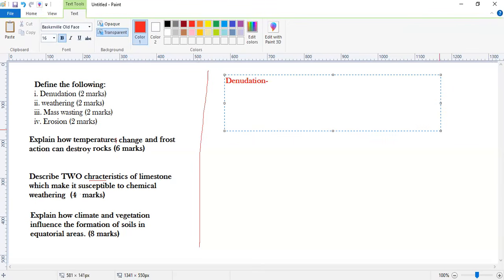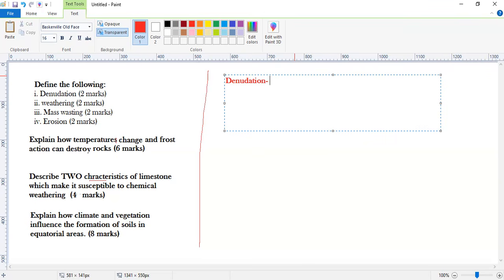I think it's important when you are answering any question at all for you to try to figure out which part of the syllabus or which topic is being tested. Obviously, the part of the syllabus being tested here is that part about external forces.